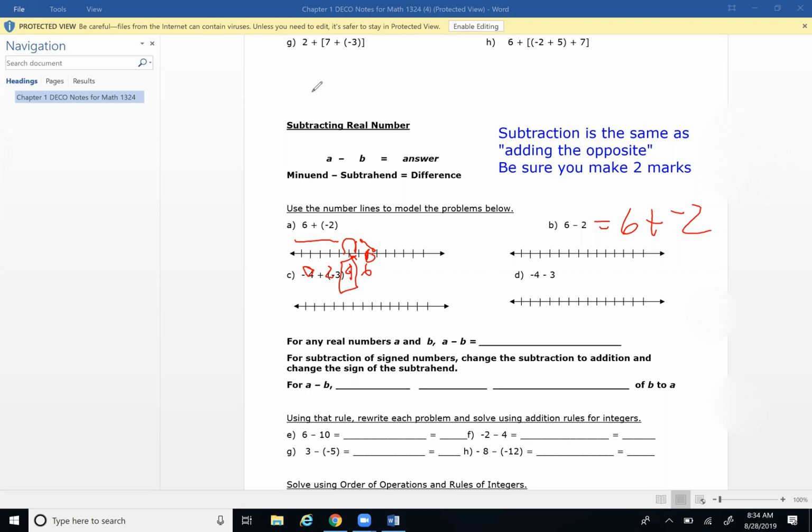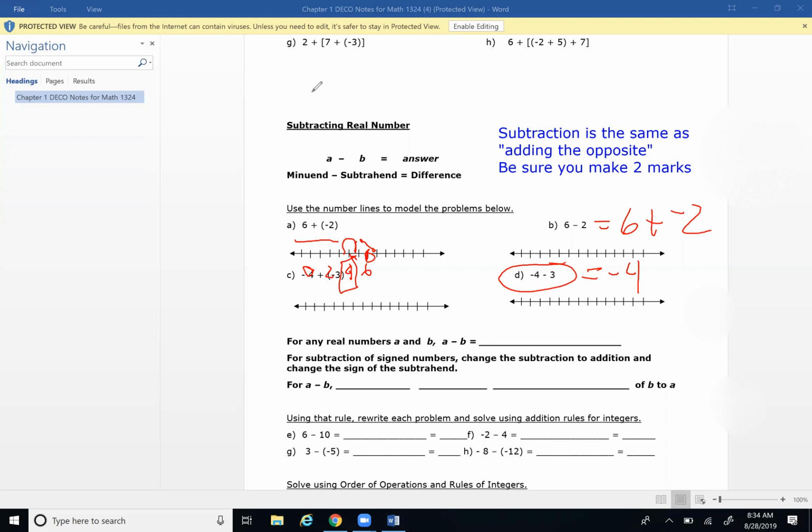Where we run into trouble is typically on something like this, a -4 minus 3. If we already have something negative and we're trying to subtract from it, sometimes we get confused. So here's what I want you to see. If I were to add the opposite, this would be the same thing as -4.